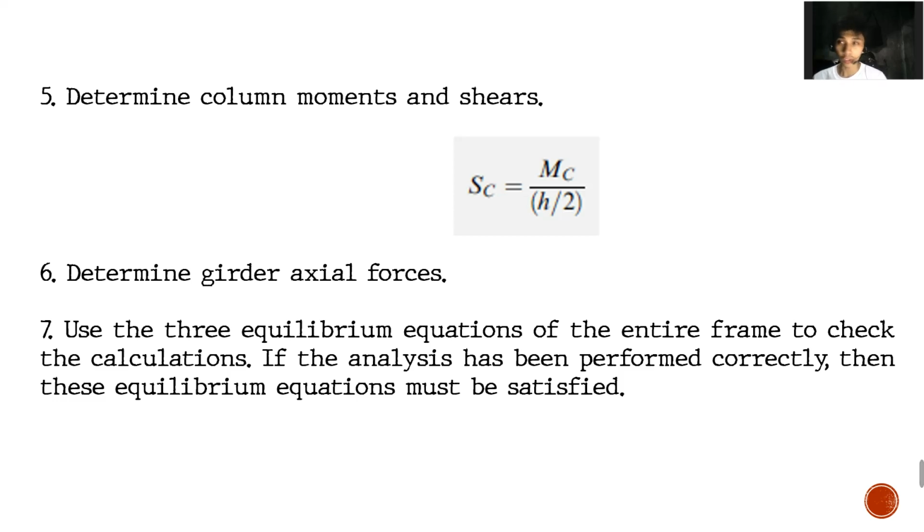So after guys natin makuha lahat ng numerical values sa mga members, i-consider natin yung entire frame and dapat yung tatlong equilibrium equations, yung summation forces X, summation forces Y, at yung moment is dapat mag-equate to 0, okay? Malalaman na lang natin yan kapag may example na.